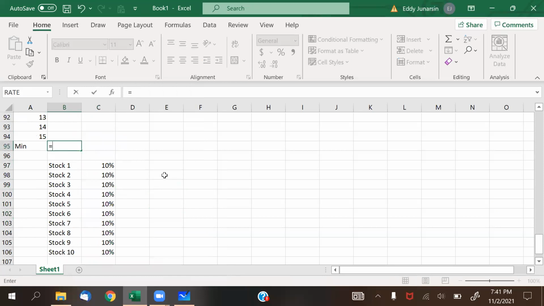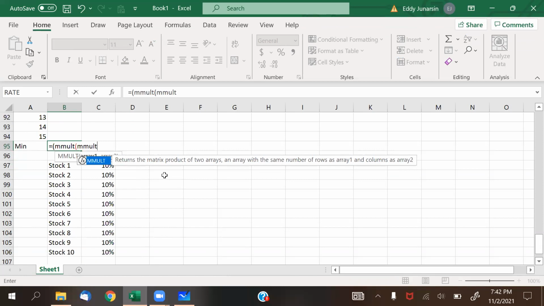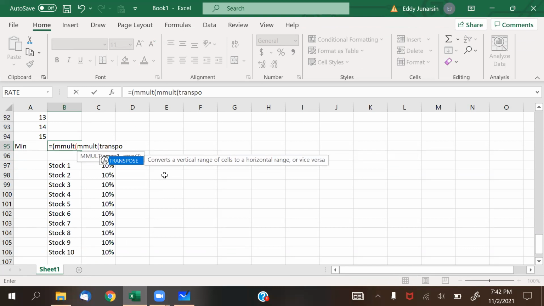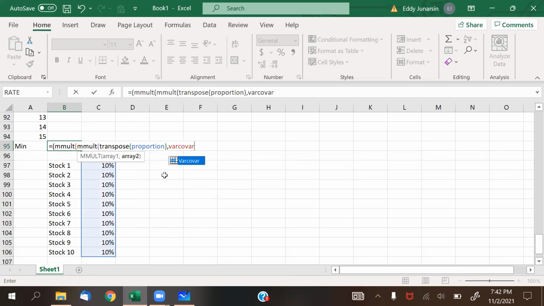So the formula will be as usual, MU, and then transpose of proportion, with the variance and covariance matrix above.